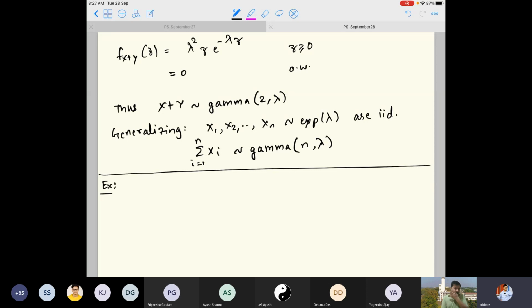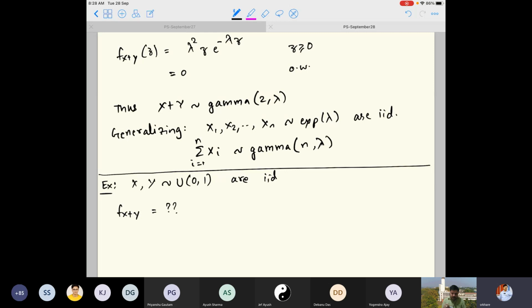Another example, let us see. Let's say X and Y are uniform (0, 1) IID. We are interested in what is f of X plus Y. We have to compute this.